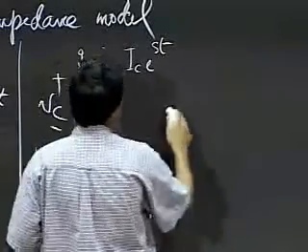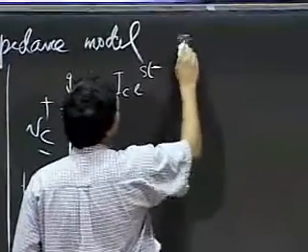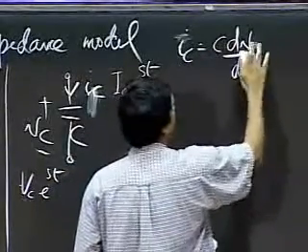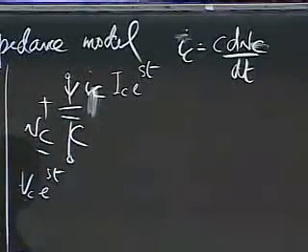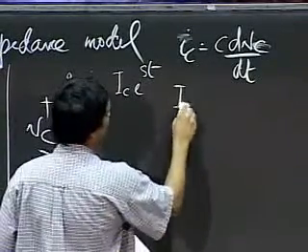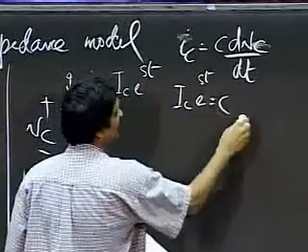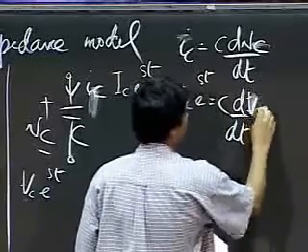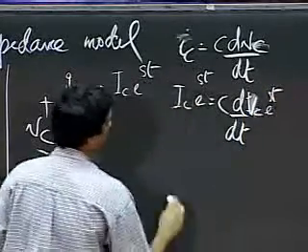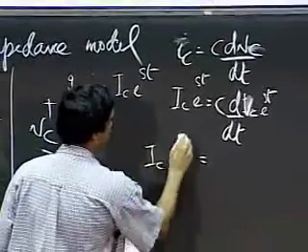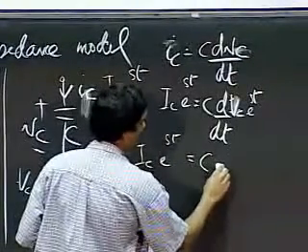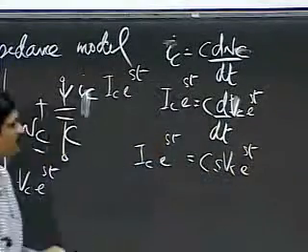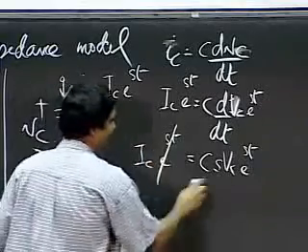I know that IC is C dVC/dt. So I replace this: IC e to the ST is C d/dt of VC e to the ST, which is C S VC e to the ST. I can cancel this out again.